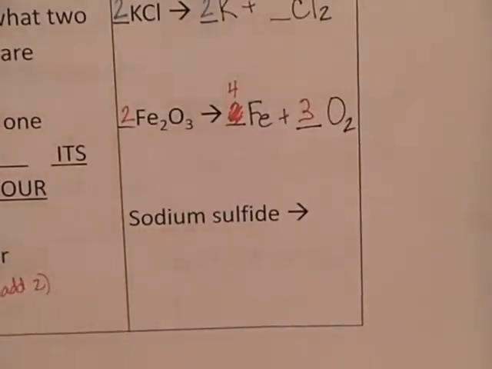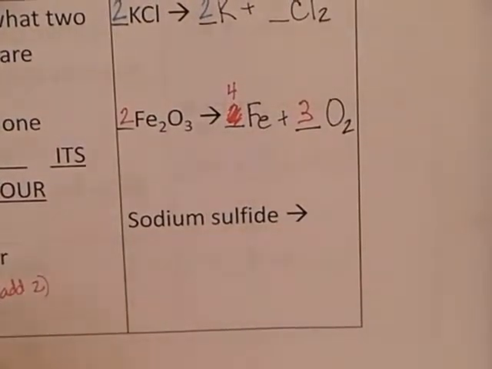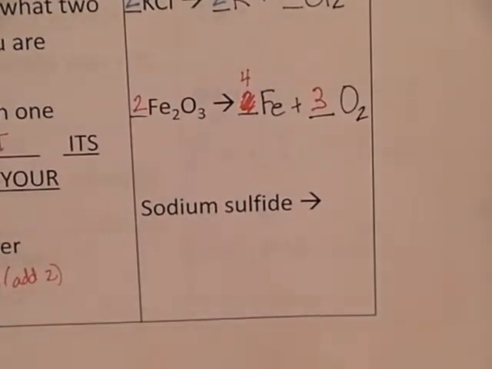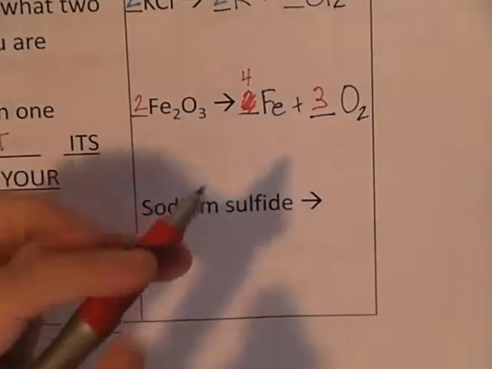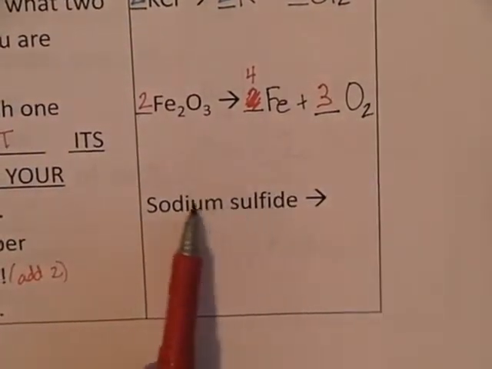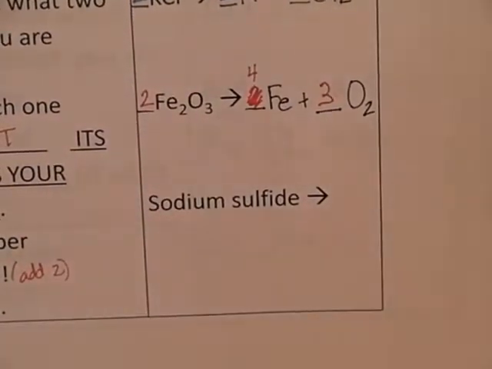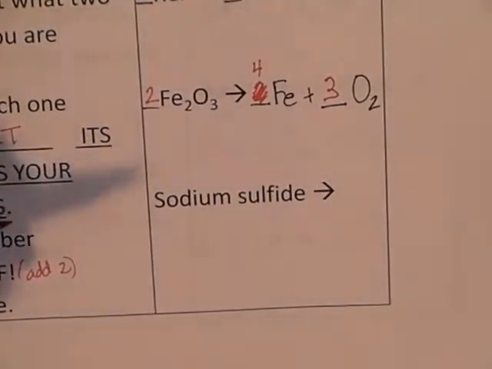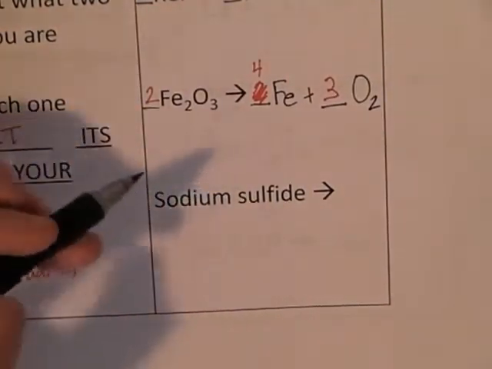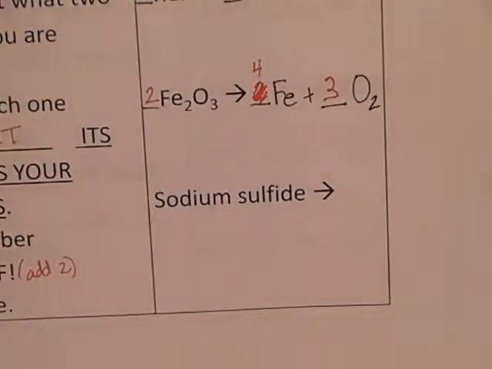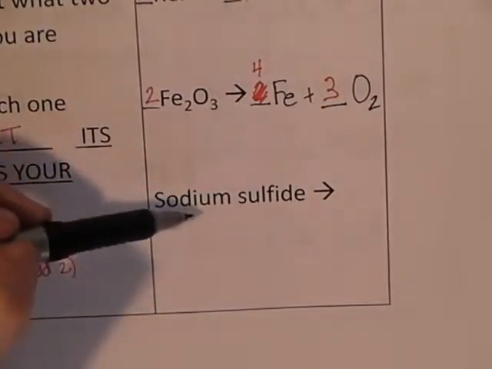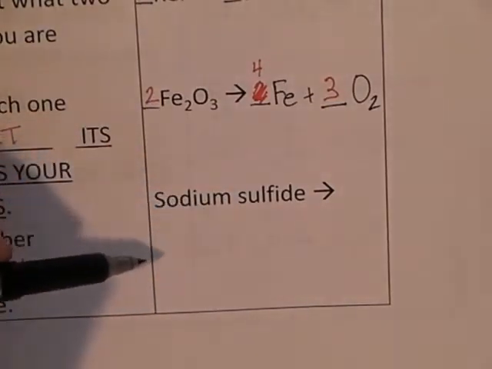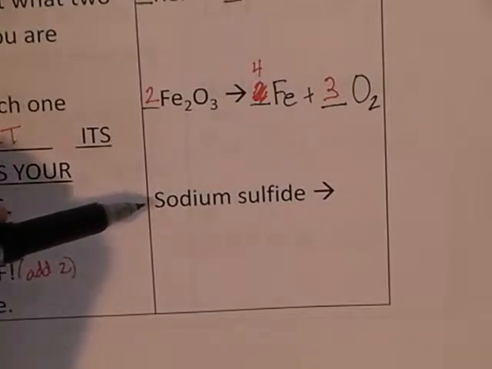So the next one, you're given sodium sulfide, and we need to write out a balanced equation. So first thing you need to do is convert this to formula form. Alright, so sodium sulfide. I need the formula for sodium sulfide. So first off, ionic or covalent? Hopefully you're saying ionic, which means we need to look up charges and cross them over.